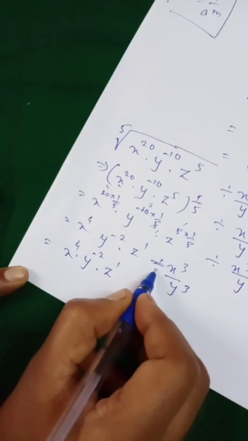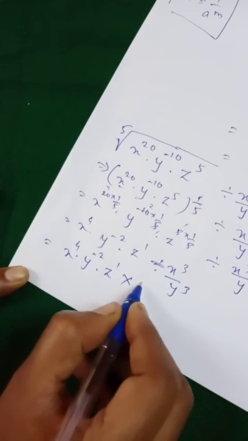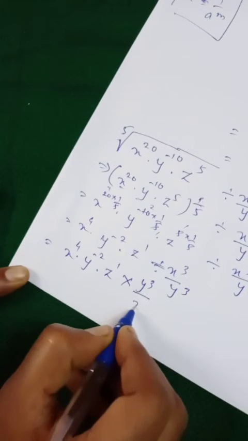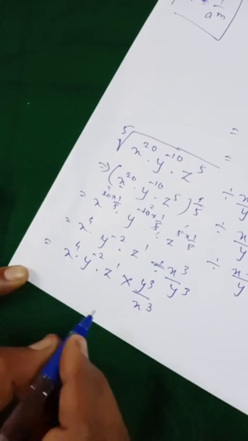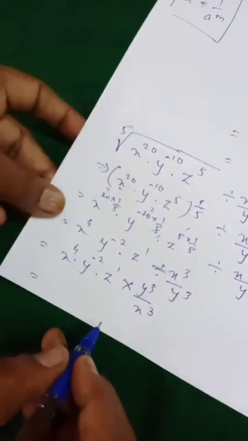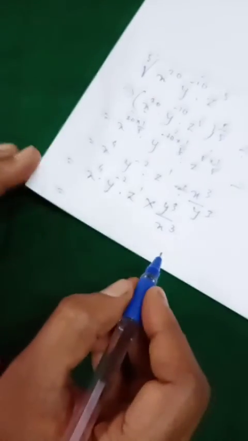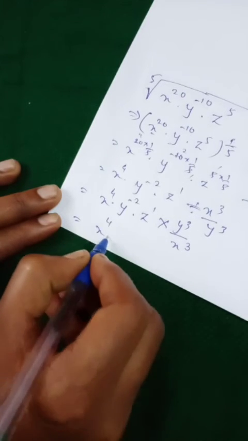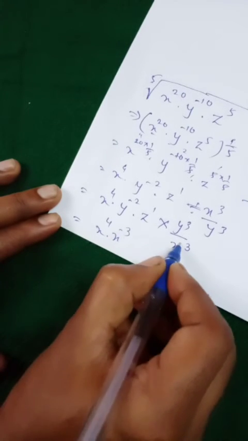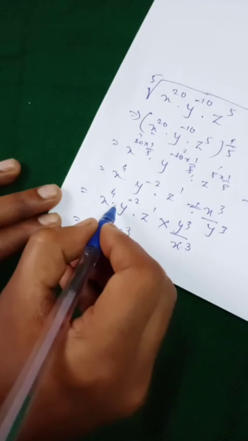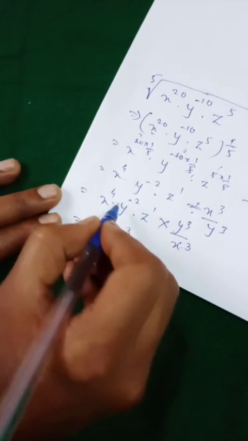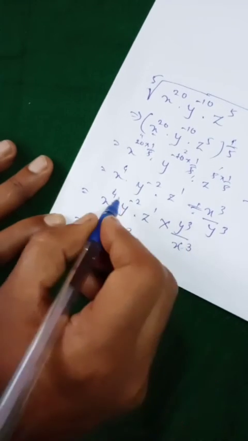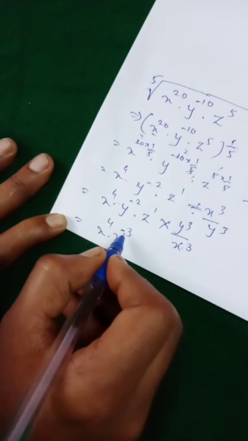This division I'll write in reciprocal, that is into y cube upon x cube. So x to the power 4 into x to the power minus 3. This x cube I'll take up into the numerator side, so the plus becomes minus here. This is x to the power minus 3.